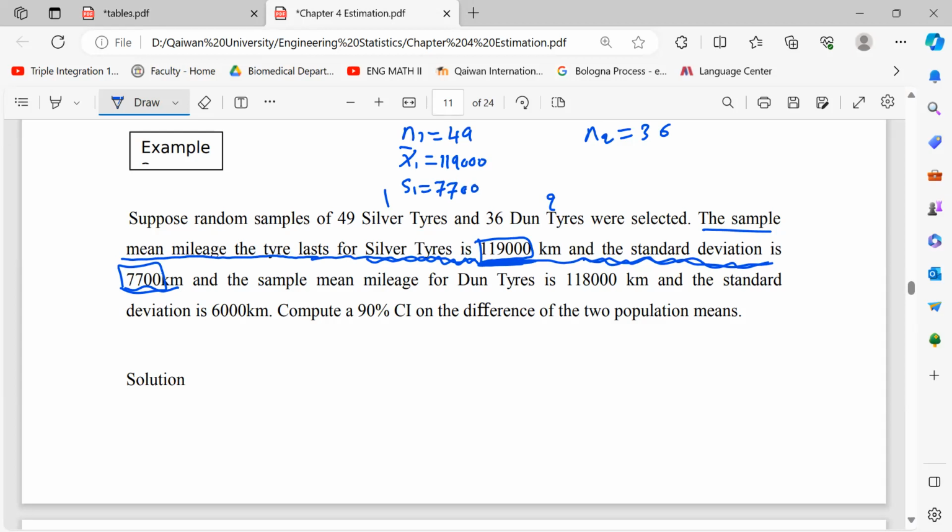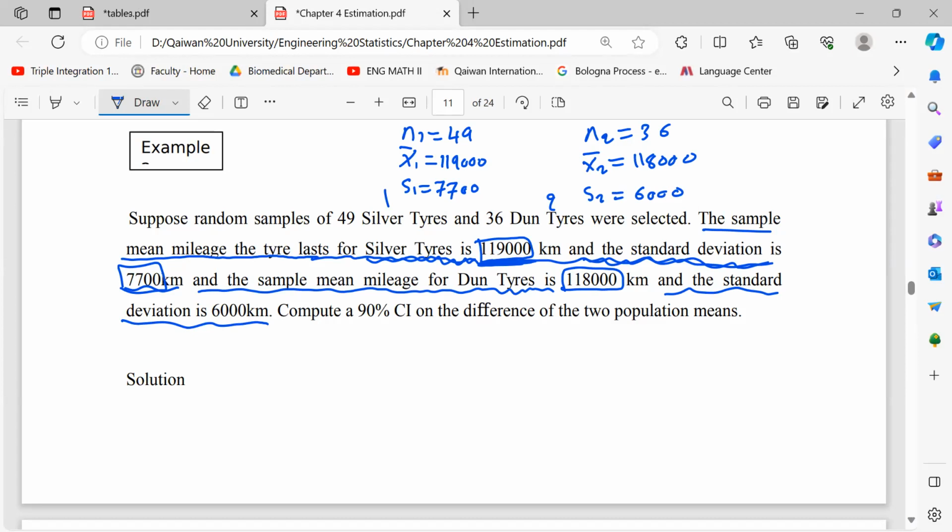Now the sample mean mileage for dumb tires is this one, so it's X2 bar. X2 bar is 118,000. And the standard deviation is 6,000. So S2 is 6,000.